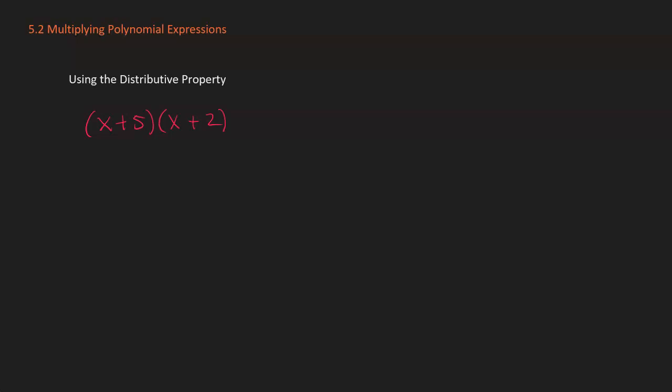What we want to do is break up this first expression, the x plus 5. And I could do that by rearranging it, taking the first term, x, and multiplying it to the second expression, x plus 2. And I'm going to separate this first operation with an addition sign because of this addition sign right here.